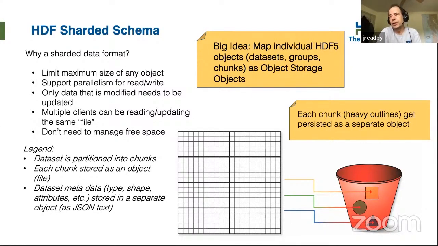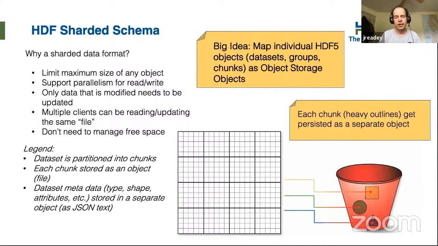Another advantage of this is that it's very easy to have multiple clients both reading and modifying the same file. Since the file is an organization of multiple objects, you can have different processes modifying different aspects of that collection, and with some care, they won't tread on each other's toes. Another nice thing is that you don't have the typical problem with traditional HDF5 files of managing free space.